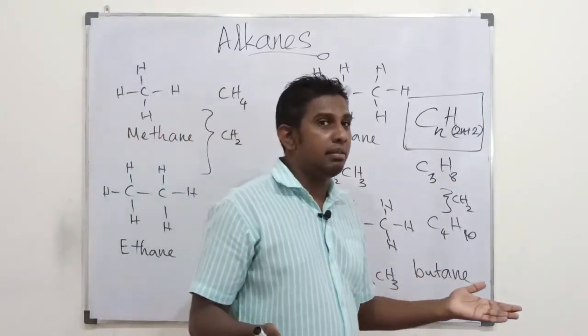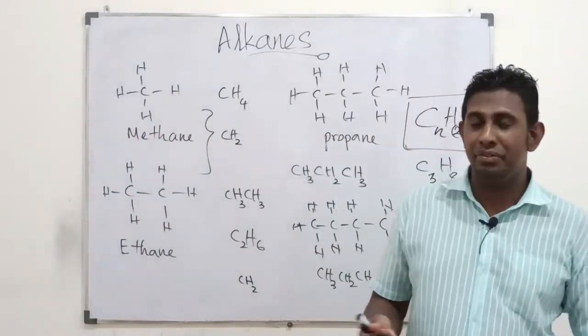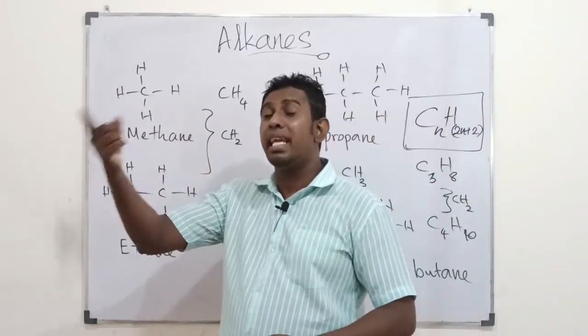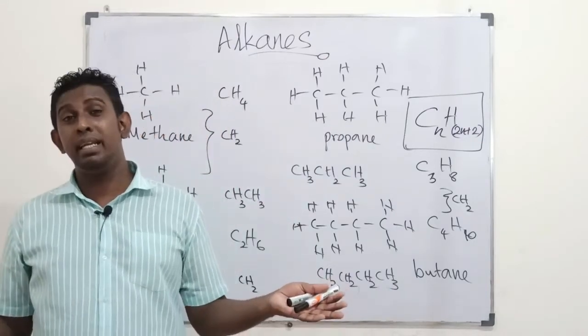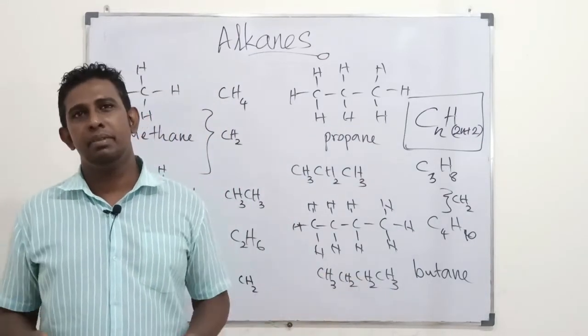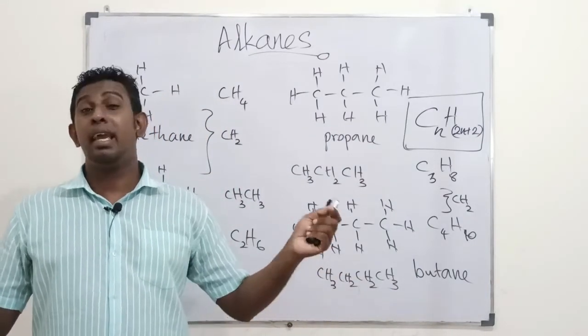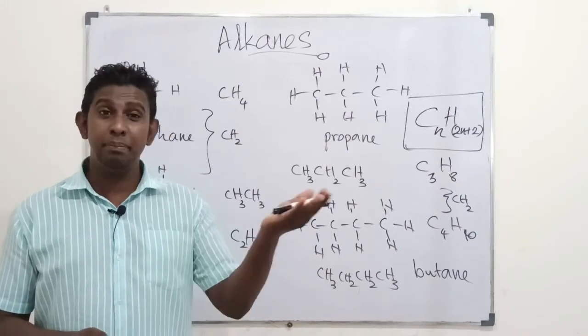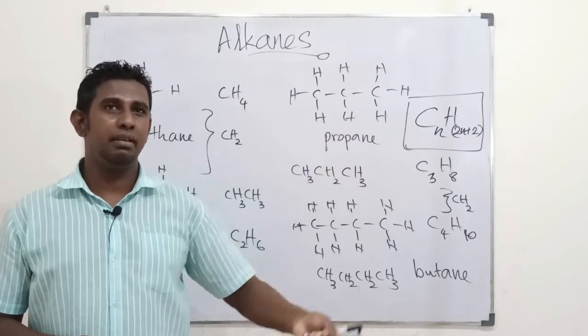The other 6 alkanes start with 5 carbons. It's pentane; 5 in Latin is pent, giving pentane. 6 in Latin is hex, hexane. 7 is hept, heptane.